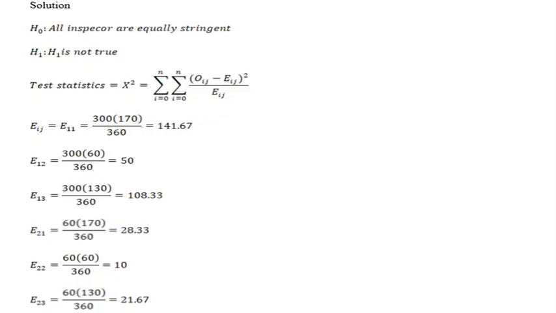Then we do E22, which is row 2 column 2: row 2 total multiplied by column 2 total divided by the grand total. That will be 60 times 60 divided by 360, which gives us 10. Then we do E23, that is row 2 column 3. That will be 60, the row 2 total, times 130, the column 3 total, divided by 360. That will give us 21.7.